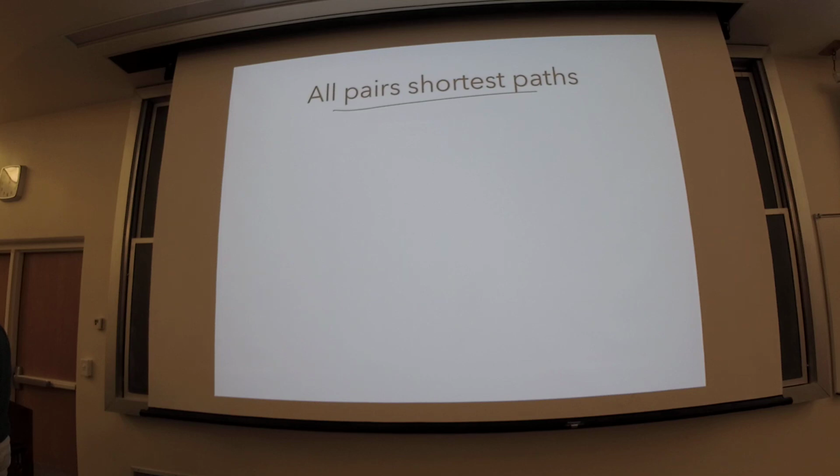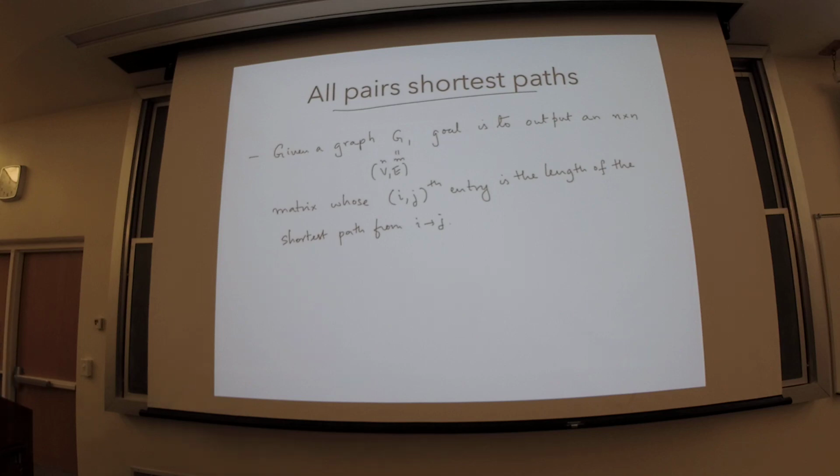The problem is very simple. You're given a graph G, and the goal is to output, as usual with V of size n and E of size m, the same thing as before, but you don't have a u and a v.